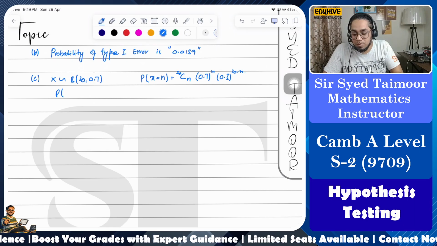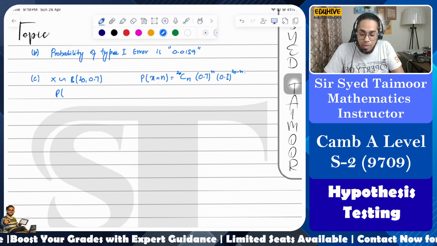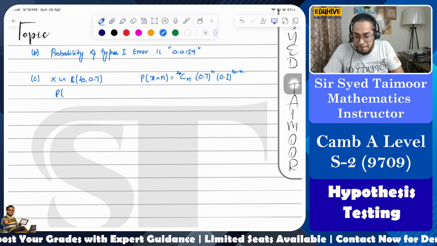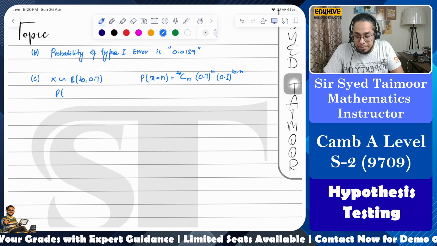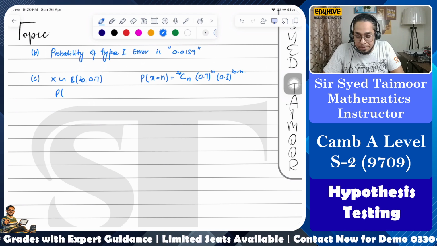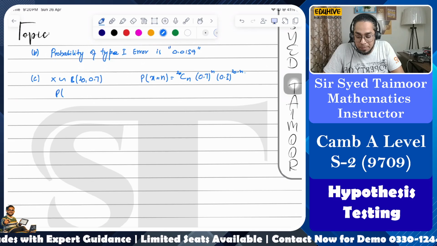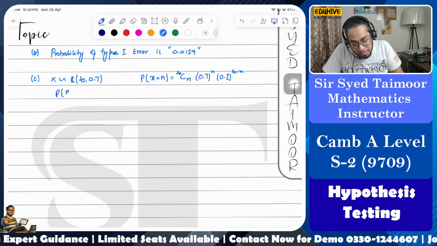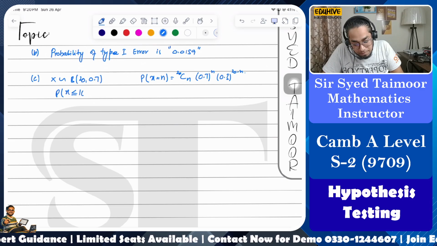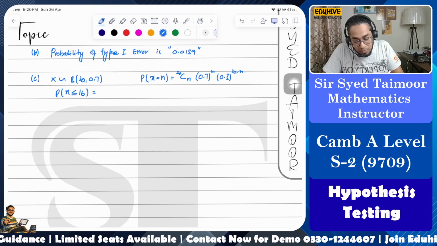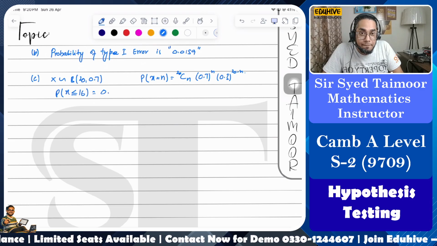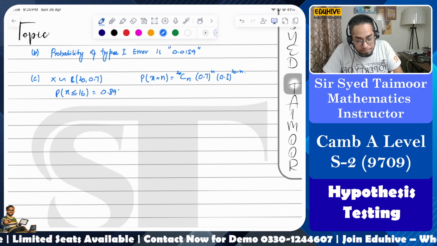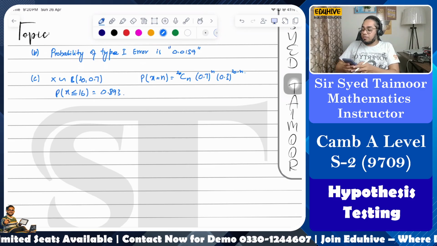Now I am going to check it again for x less than 16. What did you get? 0 point, and what is it on 15?